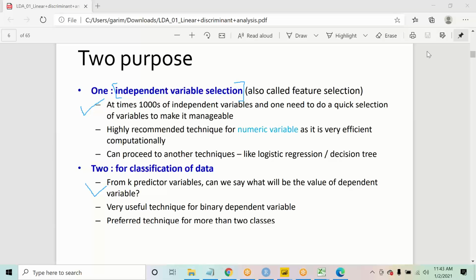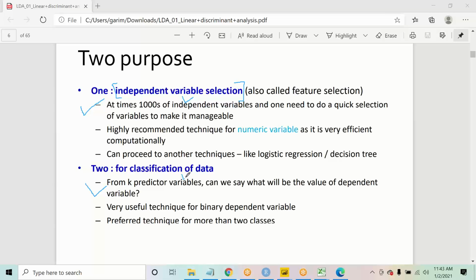So it is recommended that before running the model, I identify the significant variables beforehand. Before creating a model, if I can identify that these are the significant variables I should be using in my model creation, that will make my job a lot easier and I will be able to compute my results at a faster pace. So that is one of the reasons LDA is used for variable selection.